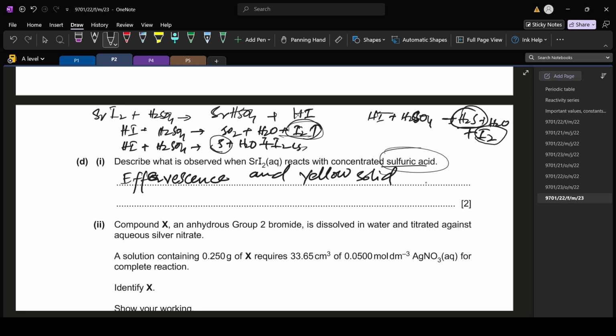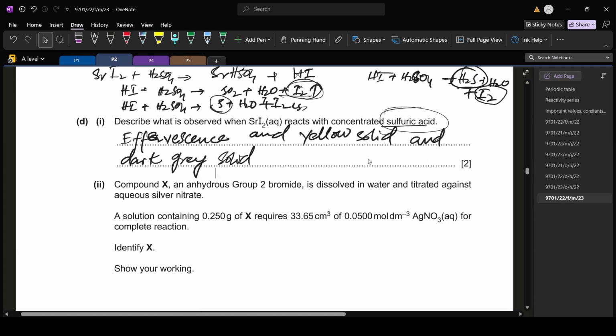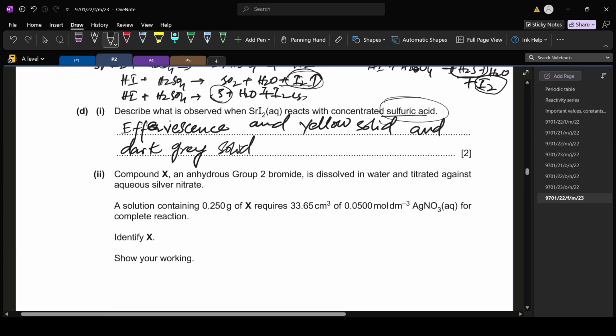And a dark solid, dark gray or black solid, which is iodine. Iodine is a black or dark gray solid. So these are your observations.